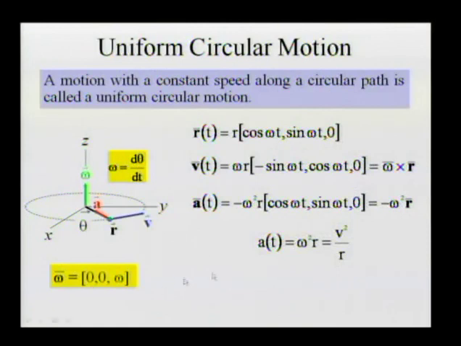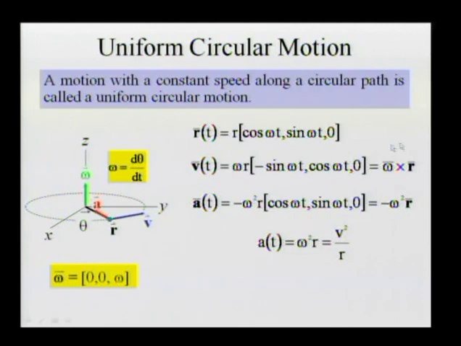I can actually also relate magnitudes. If I take the magnitude of this vector, it requires the absolute value of the number which is in front, multiplied by the magnitude of vector r. I can also recognize that if I calculate speed over here, it will be the magnitude of angular velocity times radius times sine of the angle between the two vectors, and the angle is 90 degrees.